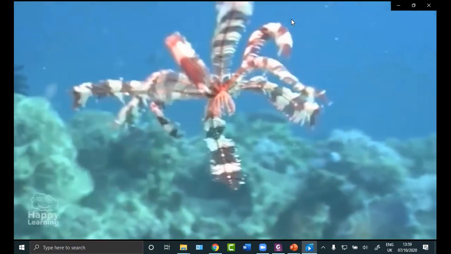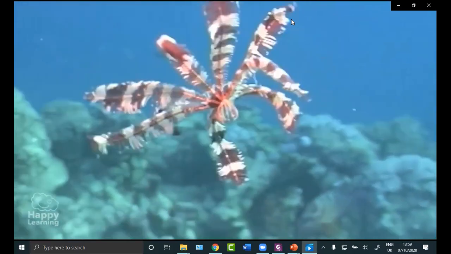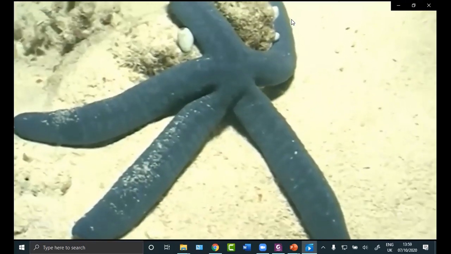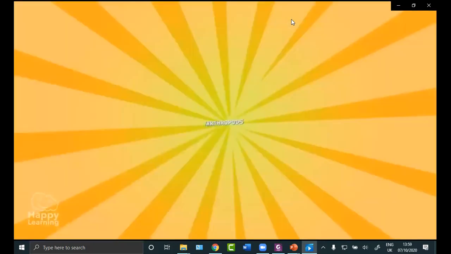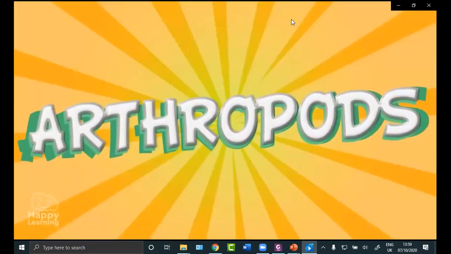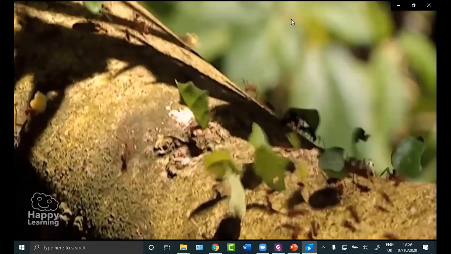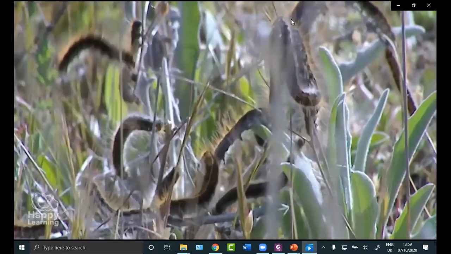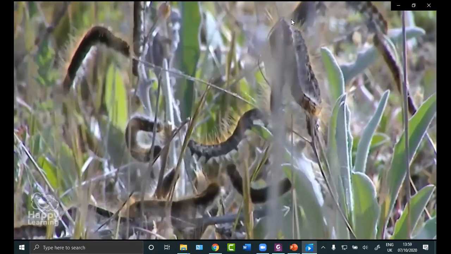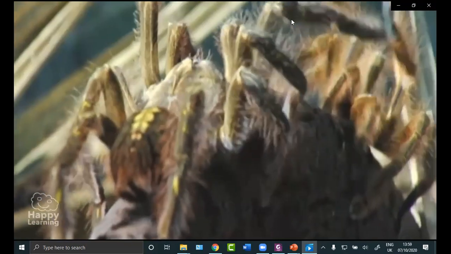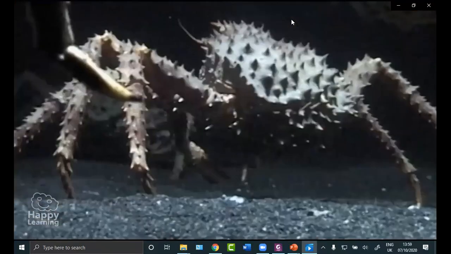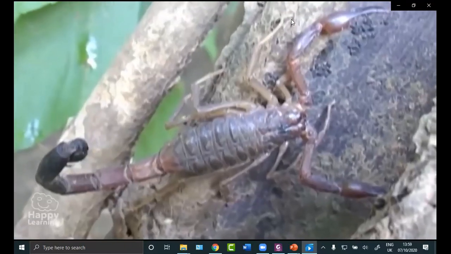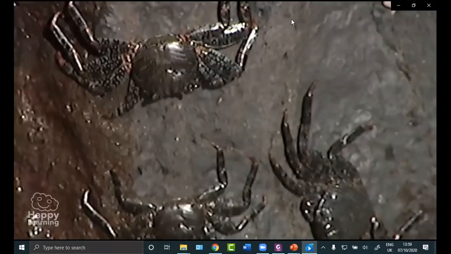Others are star-shaped and are of course called starfish. The arthropods are the most abundant animals on the earth. Of every 100 animals that exist, 80 are arthropods. These invertebrate animals have the body covered by an external skeleton called a cuticle.